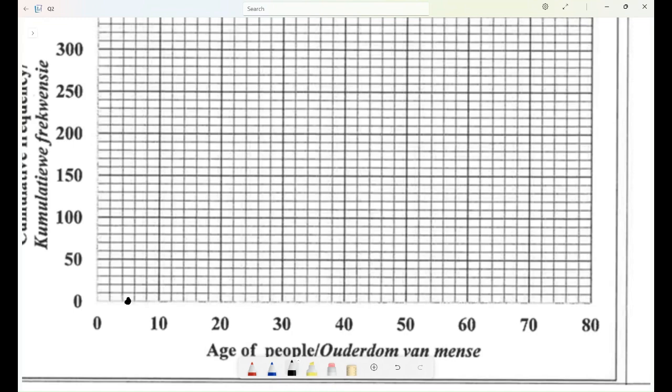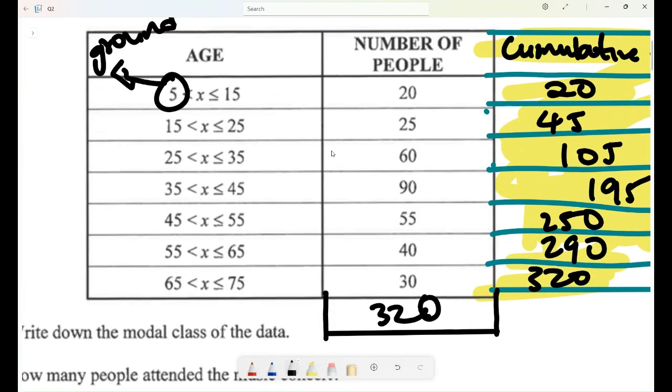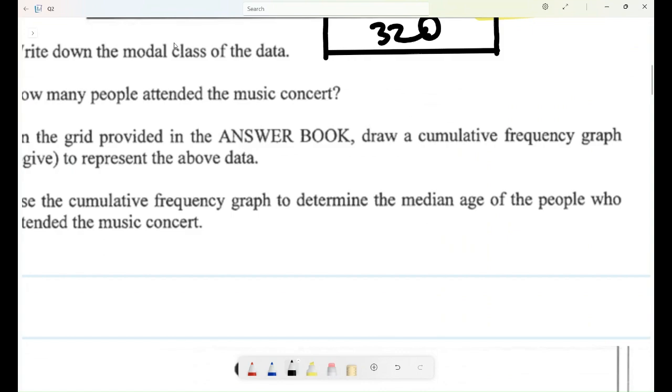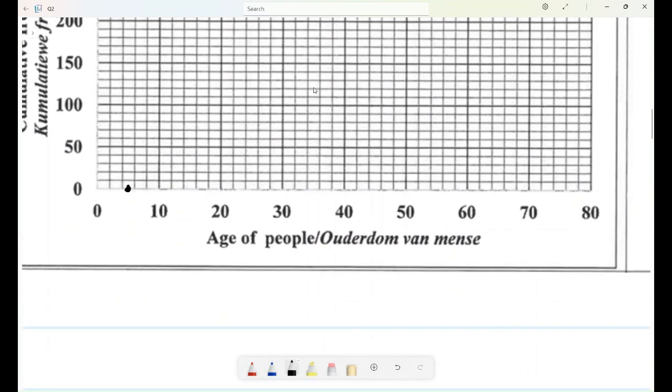Now I come back. I say 15 with 20, not this 20, I'm looking at this 20. 15 and that 20. Where is 15? 12, 14, 15 should be somewhere here in the middle, but it matches 20.